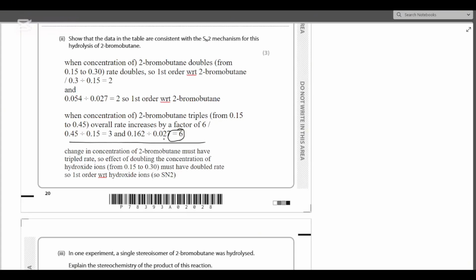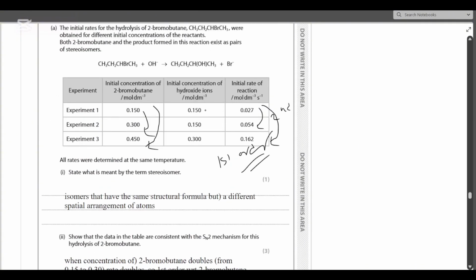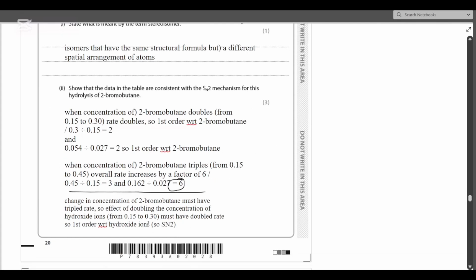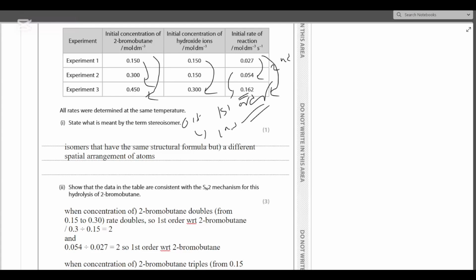So this basically means that when we double the concentration of hydroxide ion right here, we saw that the rate basically doubled, right? That's how the rate doubled from here to here. So with respect to hydroxide ions, we can say it is second order.